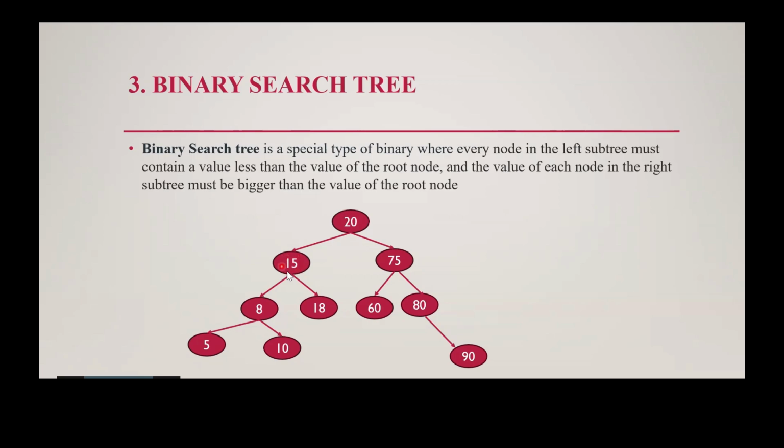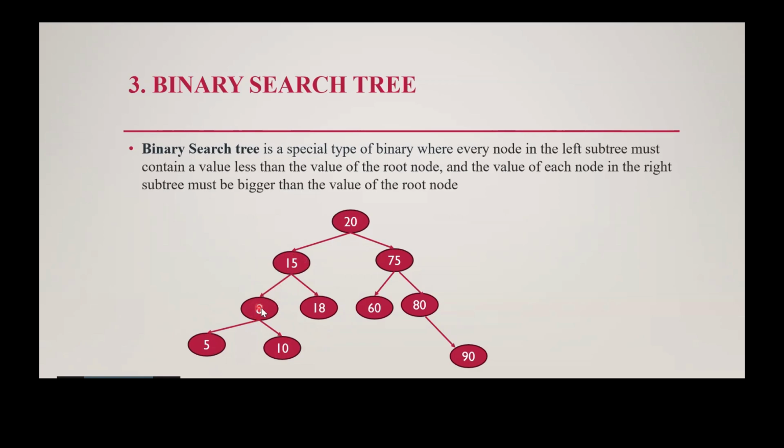So if we make 15 the root node, then this is the left subtree and this is the right subtree. Now in the left subtree, 8, 5, 10 are less than 15. Yes. Then 18 is greater than 15. Yes, it is true. If it is true, then this subtree satisfies the condition for the binary search tree.